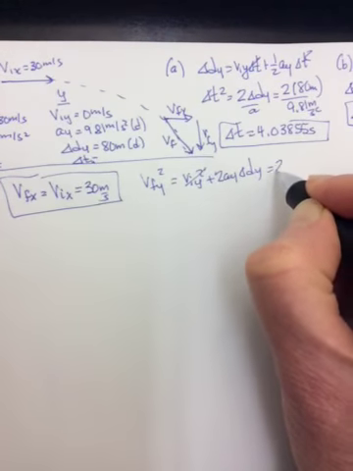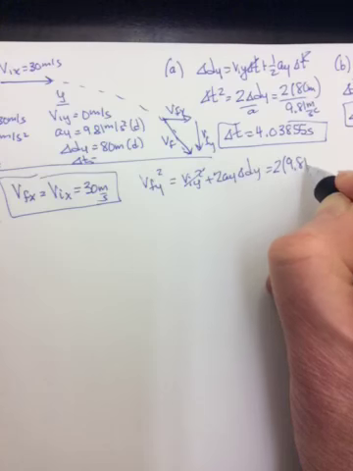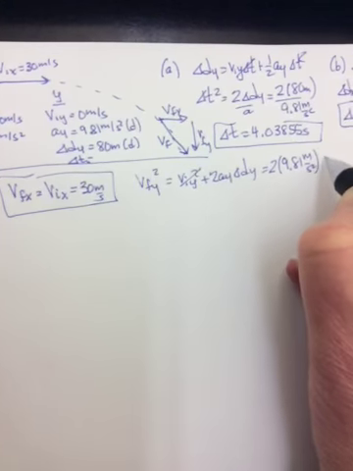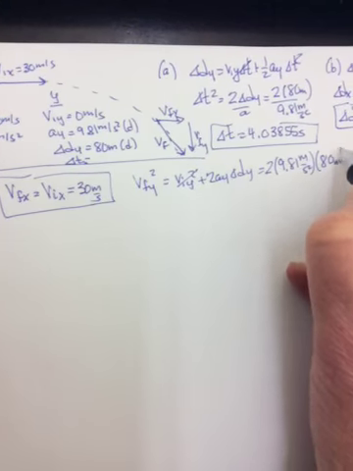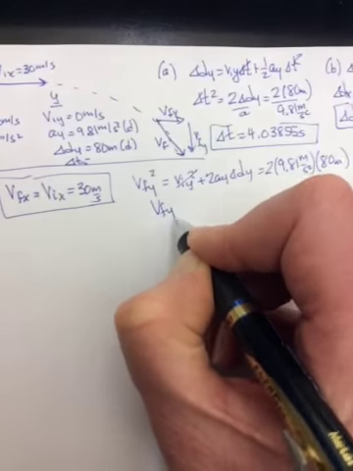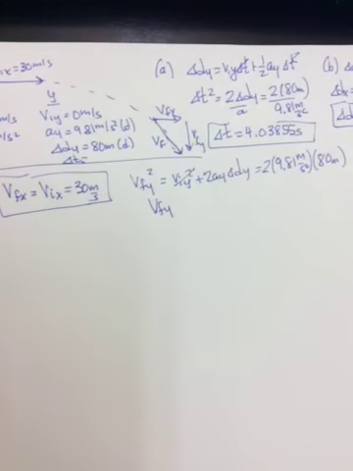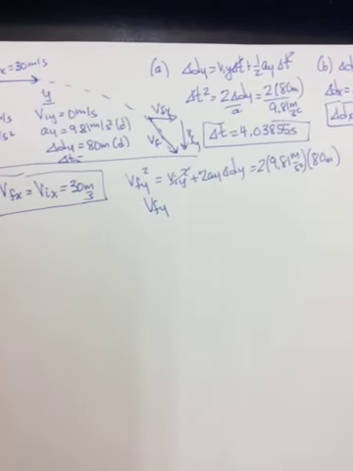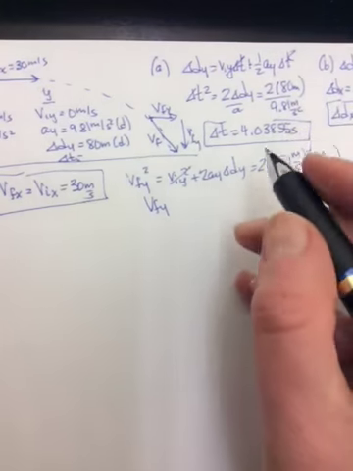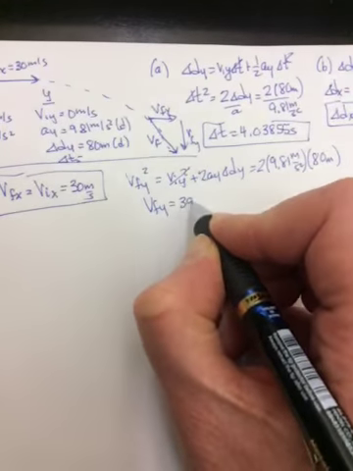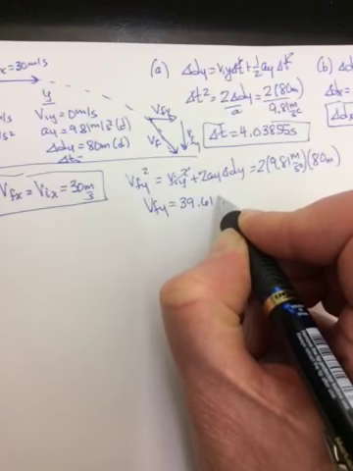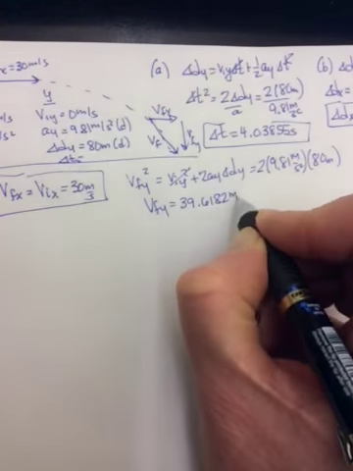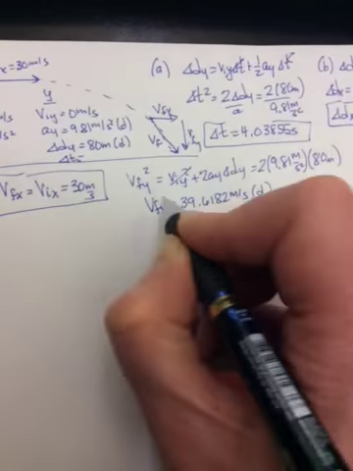Viy is 0, so 2 times 9.81 meters per second squared times 80 meters. This is probably the safe one to use just because none of these numbers did you find. Then remember to take the square root. So 39.6182 meters per second. And of course that's down.